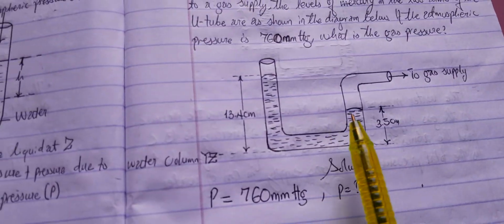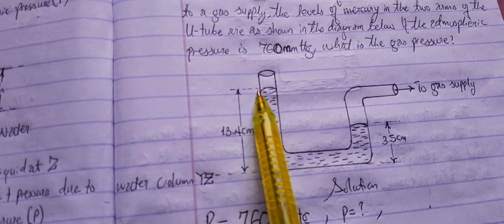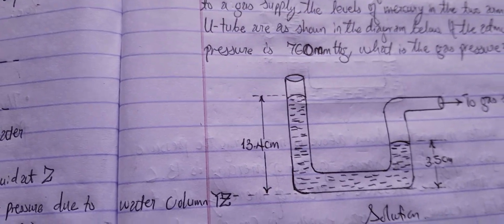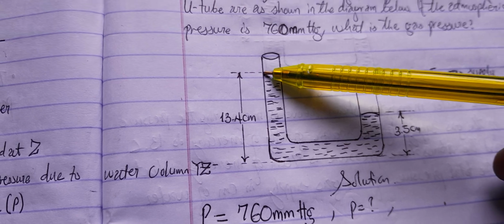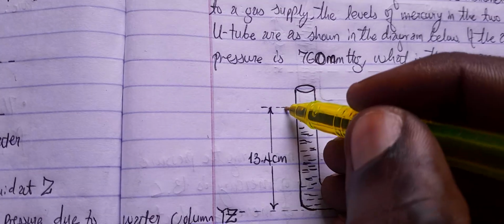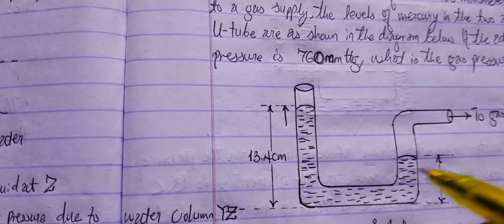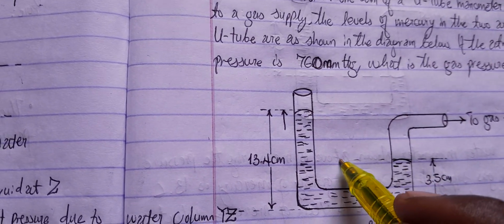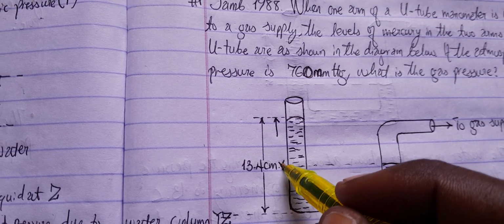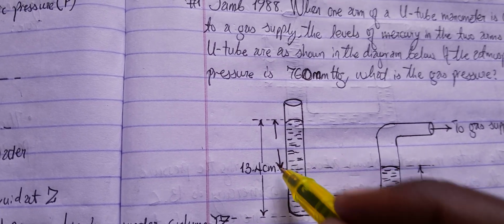In this case, what will it be? It will be the difference between the two levels. This is where our height is going to be, so we need to calculate that.